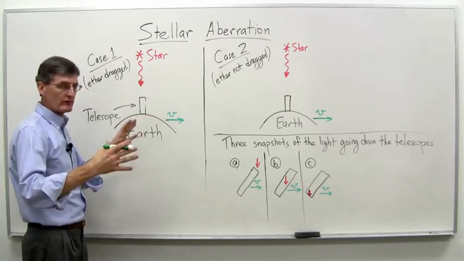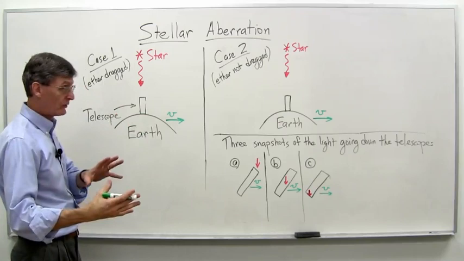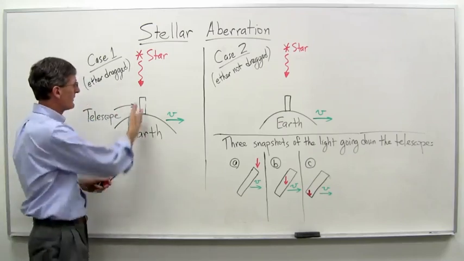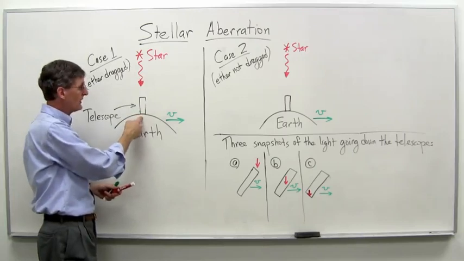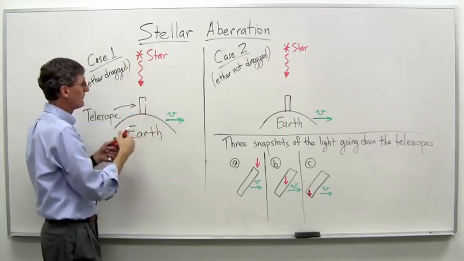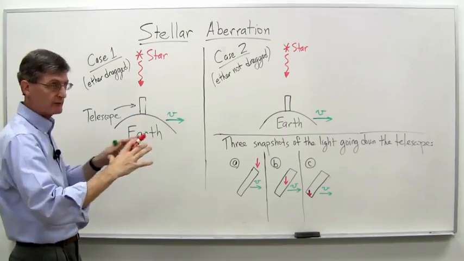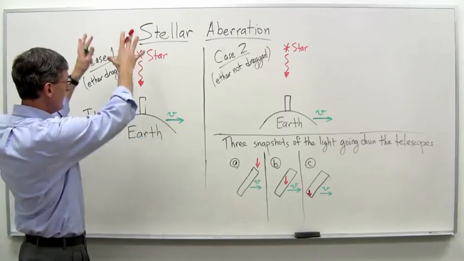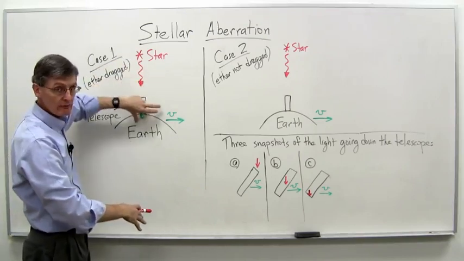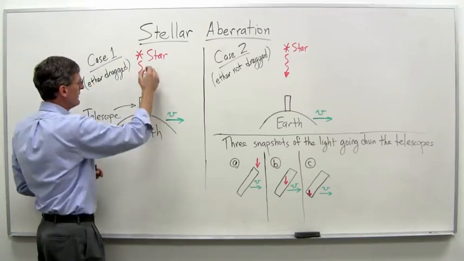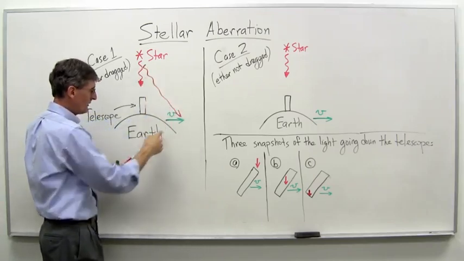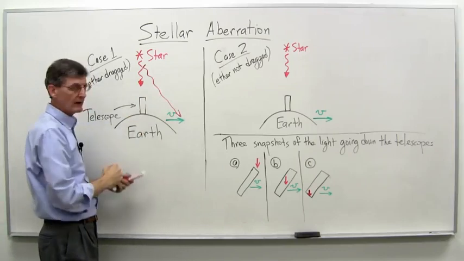Now, if we were watching this from sort of outside, as it were, we would see it trace out a path like this, because at this instant, the telescope is here. When the light actually gets down to here, of course, things get moved over here. So the actual path, if we were an outside observer from space, watching Earth go by and watching the starlight come down and then get into the region of the moving ether, the path would be something like this, because this is where the telescope would end up over here at that point.